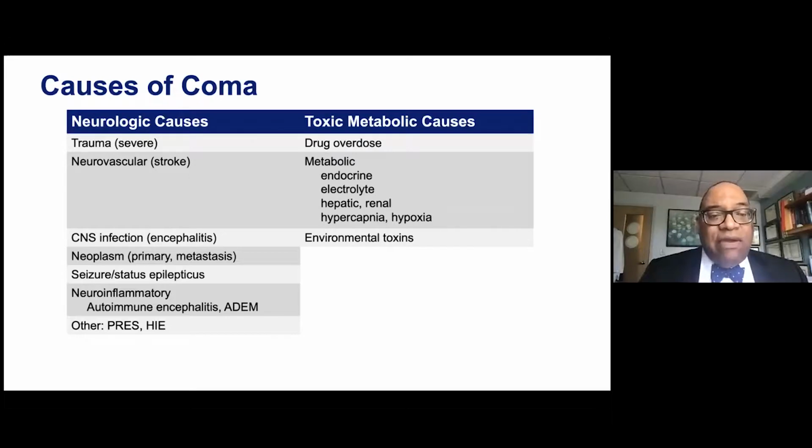So if we were to look at focal lesions, you see them as far as trauma or stroke, but patients may have toxic metabolic causes, and you see a list of them here. On the left side of the screen could also be PRES or hypoxic ischemic injury. PRES is basically another form of hypertensive encephalopathy.